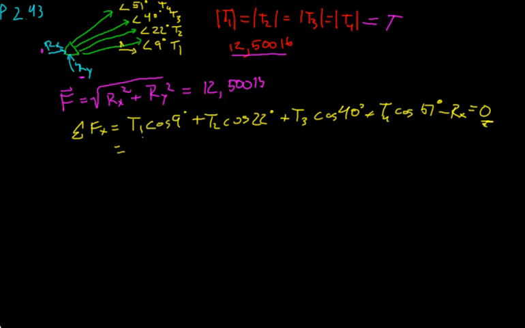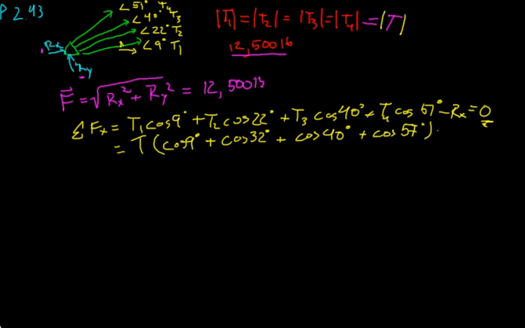Okay, so let's solve a little further. We know that T1, T2, T3, and T4 are all equal to this common T, this magnitude right here. So we can replace all of these with T, pull out the cosine from each one of these terms, and just multiply the whole sum by T. So we can write it like this: T times cosine of 9 degrees plus cosine of 22 degrees plus cosine of 40 degrees plus cosine of 51 degrees.